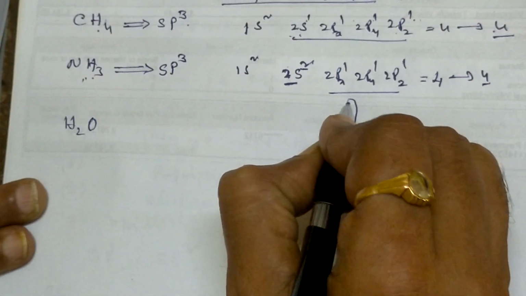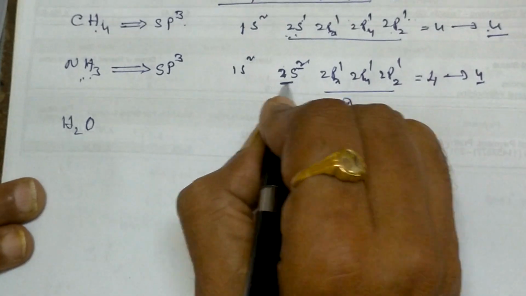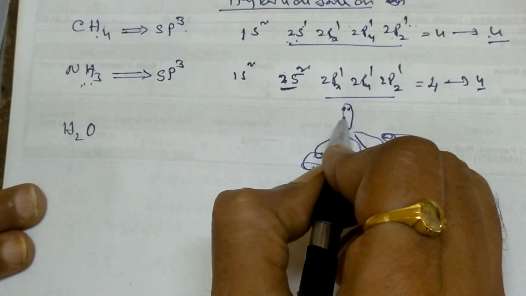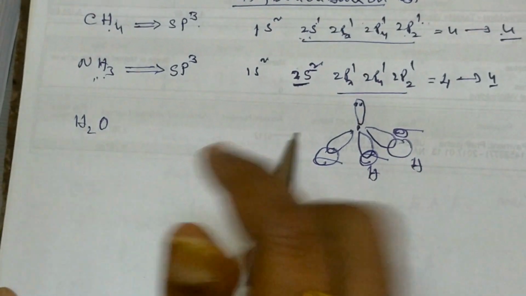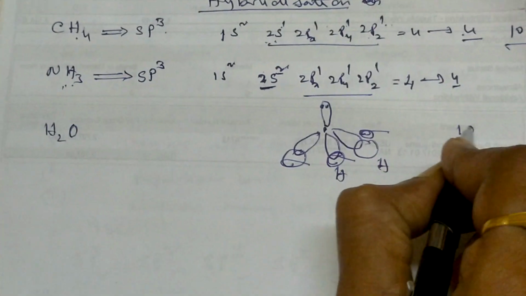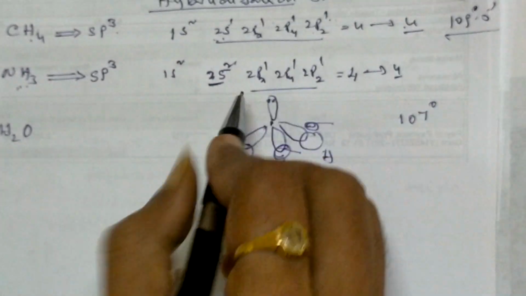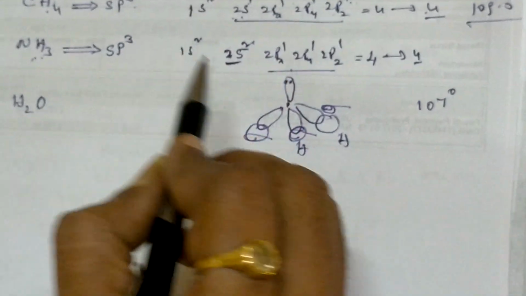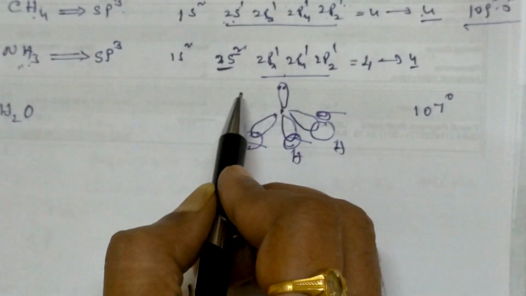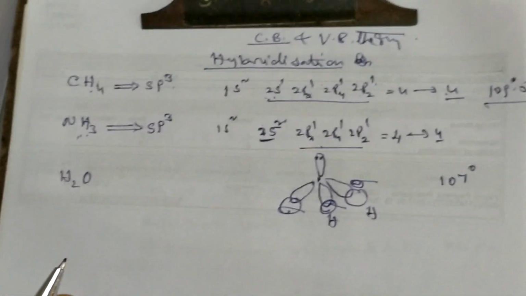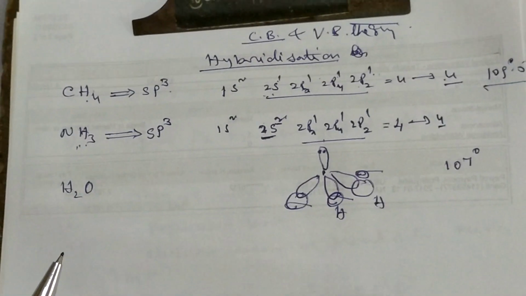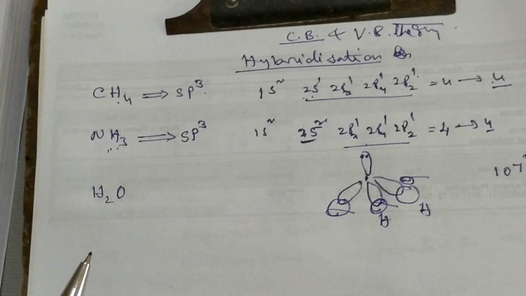But here there is a lone pair, which is in the 2s2. Because of this lone pair some distortion takes place, and the bond angle is 107 degrees. This is sp3, with a tetrahedral geometry, but the bond angle is different.